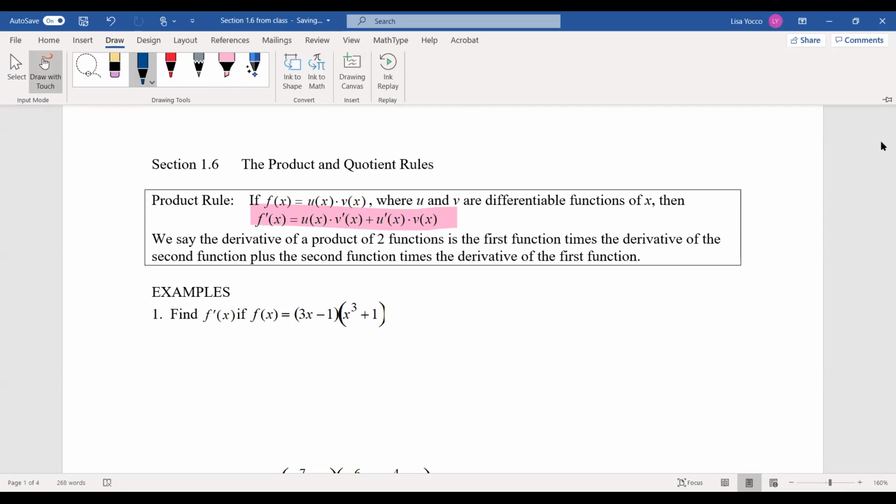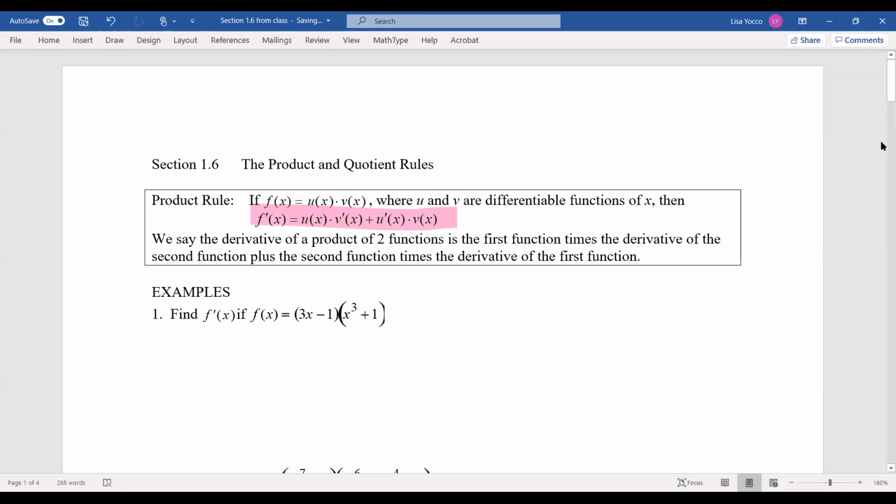Instead of the function notation, let's say if some function is u times v, then the derivative will be u times the derivative of v plus the derivative of u times v. So you get the derivative of one of the functions multiplied by the other function, and plus, then you swap them around. All right.